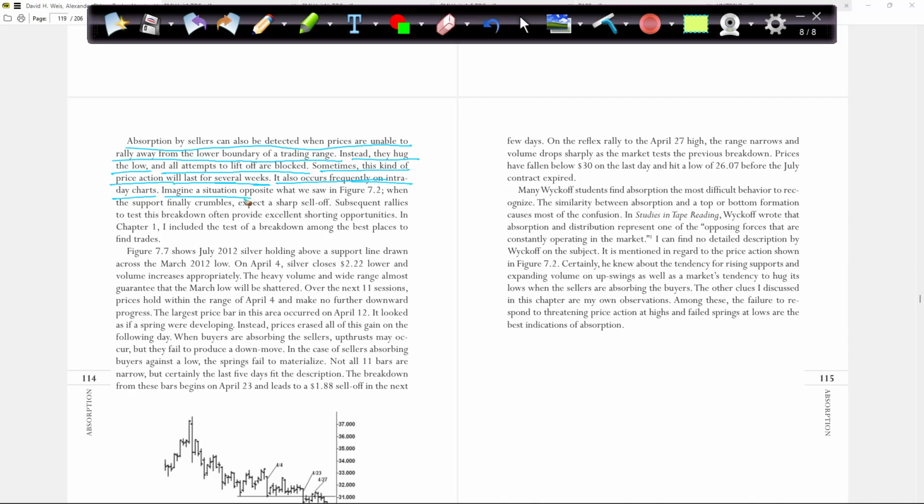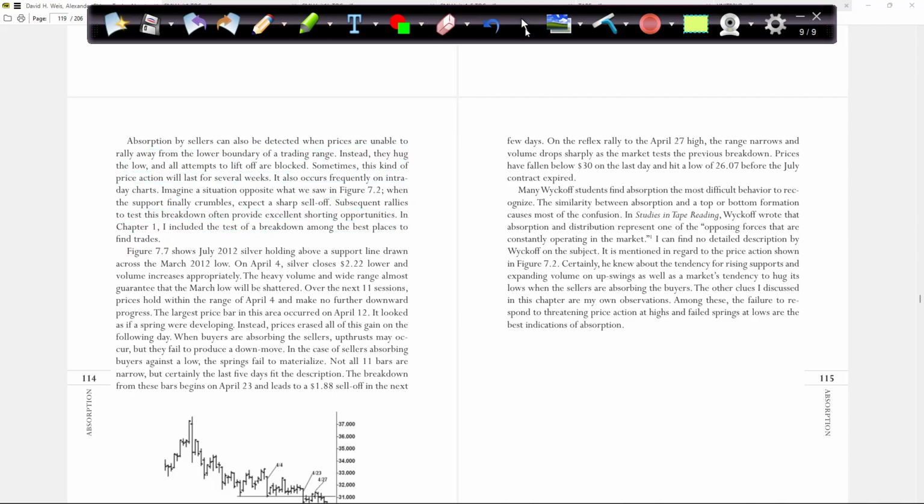Imagine a situation opposite what we saw in figure 7.2 when the support finally crumbles. Expect a sharp sell-off. Subsequent rallies to test this breakdown often provide excellent shorting opportunities. In chapter 1, I included the test of a breakdown among the best places to find trades.